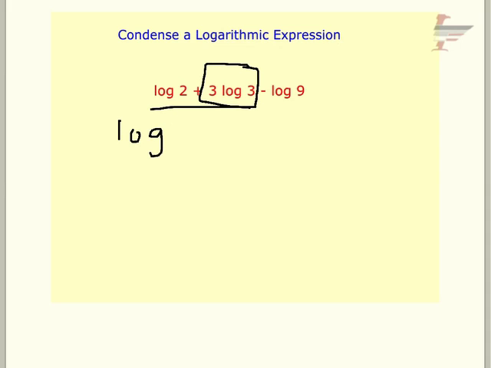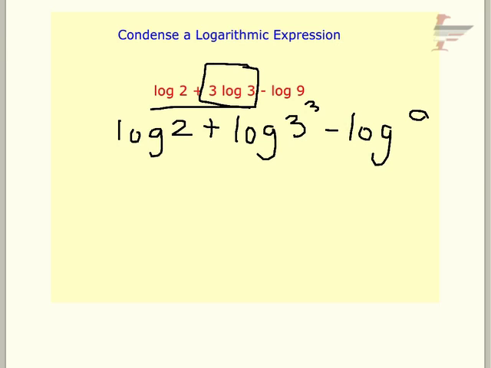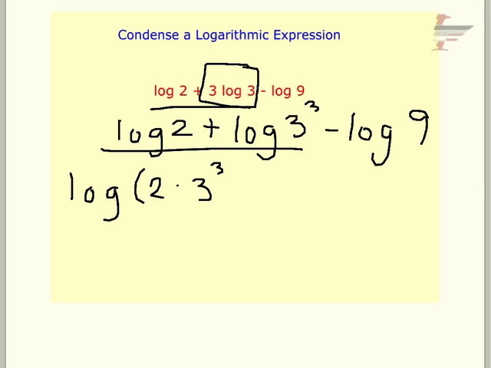So I'm just going to say log of 2 plus log of 3 cubed minus log of 9. Of course, 3 cubed is 27, and you certainly could make that calculation. Now I'm going to do this one. So plus condenses to a product. So I'm going to take log of 2 times 3 cubed. And I'll simplify these numbers in a second. And last but not least, I have subtraction, which is really division of this divided by that.